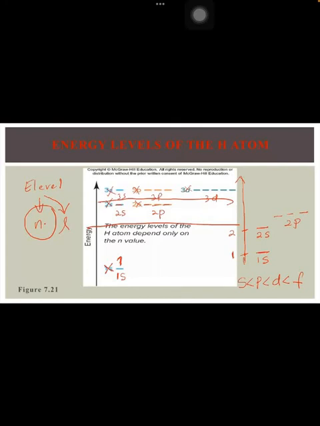Maknanya 2S dengan 2P ni tak boleh berada pada sama paras tenaga macam hydrogen, sebab S is always lower than P. So sebab tu 2P lebih tinggi daripada 2S. Okay, boleh faham perbezaan dari segi energy level. Yang ni kita akan detail out lagi in the next class insyaAllah. Okay, alright. Do you have any question?